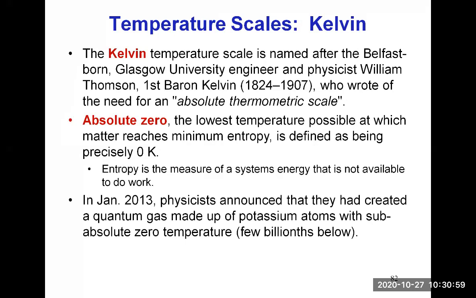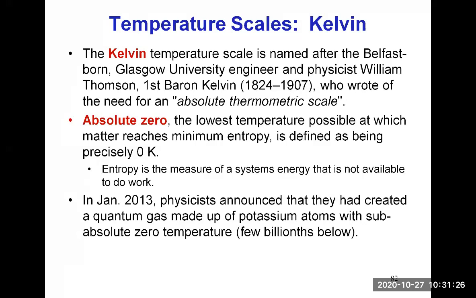So in January 2013, physicists announced that they had created a quantum gas made up of potassium atoms with sub-absolute zero temperatures. So only a few billionths below, which means 0 point and then maybe 8 or 9 zeros and then a digit, right? So it's almost 0 Kelvin, but a few billionths below.